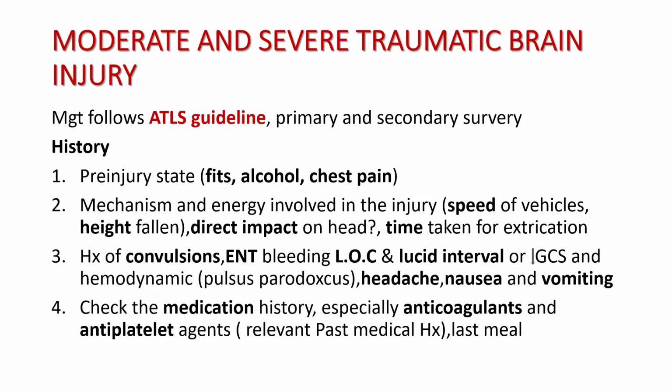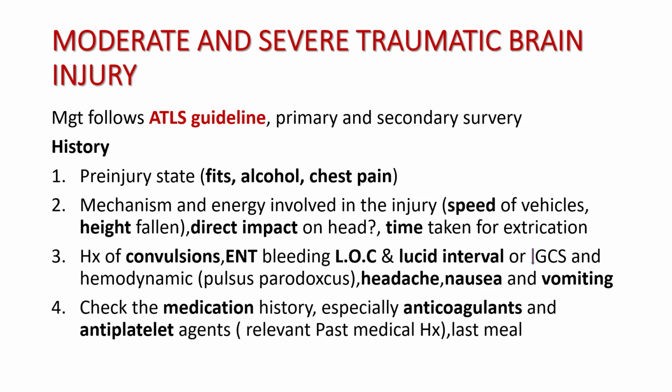If they have a history of convulsions, bleeding from the nose, ears, and throat, if they have history of loss of consciousness, if there is a lucid interval, which is very important for extradural hematomas, and if there is a decreased GCS, and if there was pulsus paradoxus. If there is a headache, nausea, and vomiting, we have to ask all of these histories.